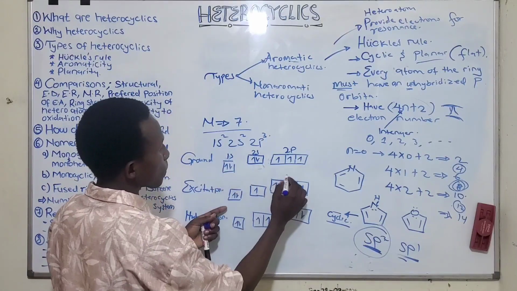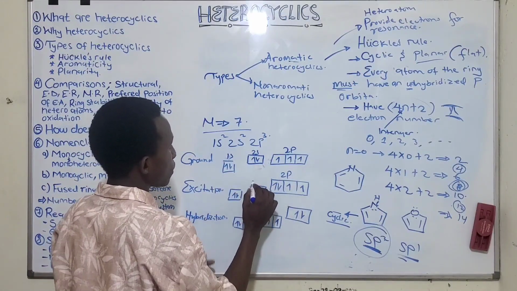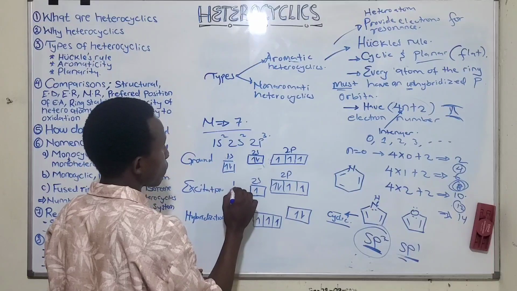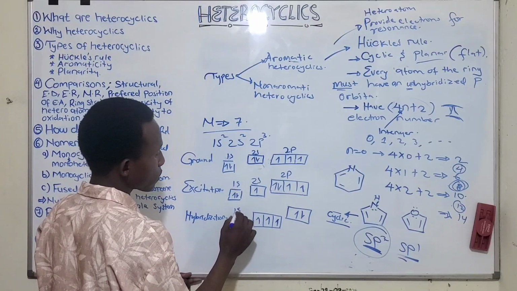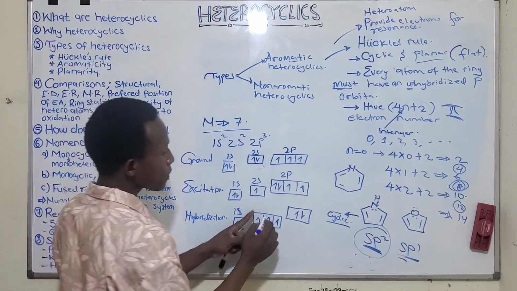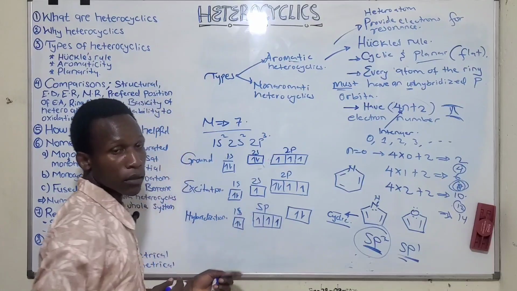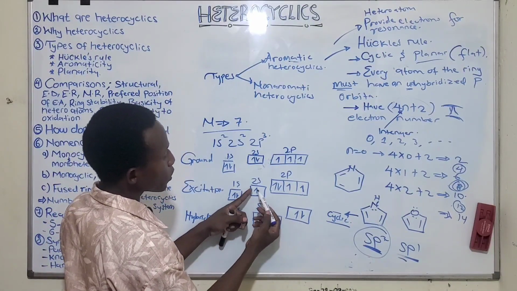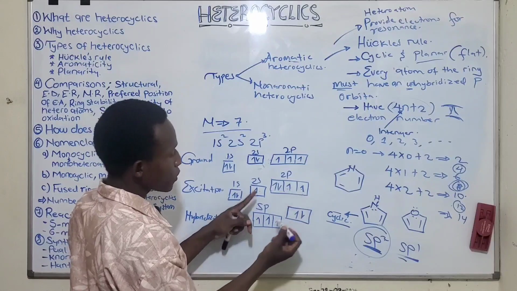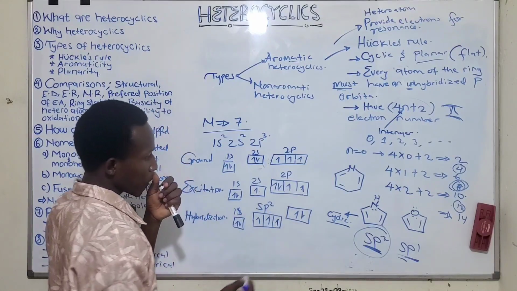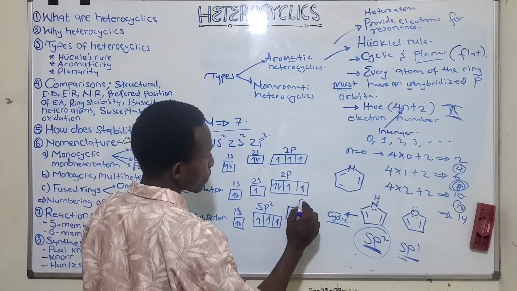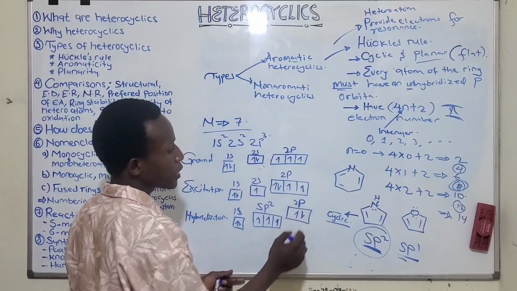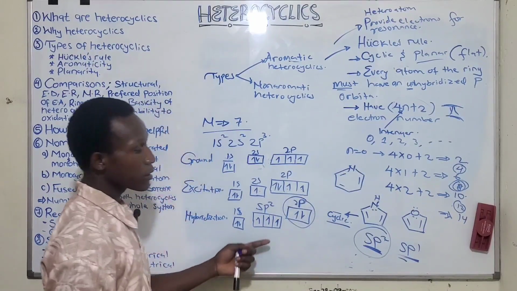So this is still 2p, 2s, 1s, this is 1s. This is now hybrid, it is sp. It is sp2 because we have 1s and 2 p's, so it is sp2. This is 2p, and it is unhybridized.